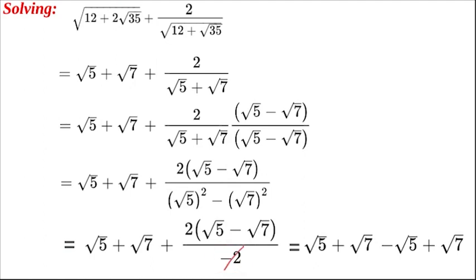Divide this in above and below, and we will get the square root of 5 plus the square root of 7 minus the square root of 5 plus the square root of 7.